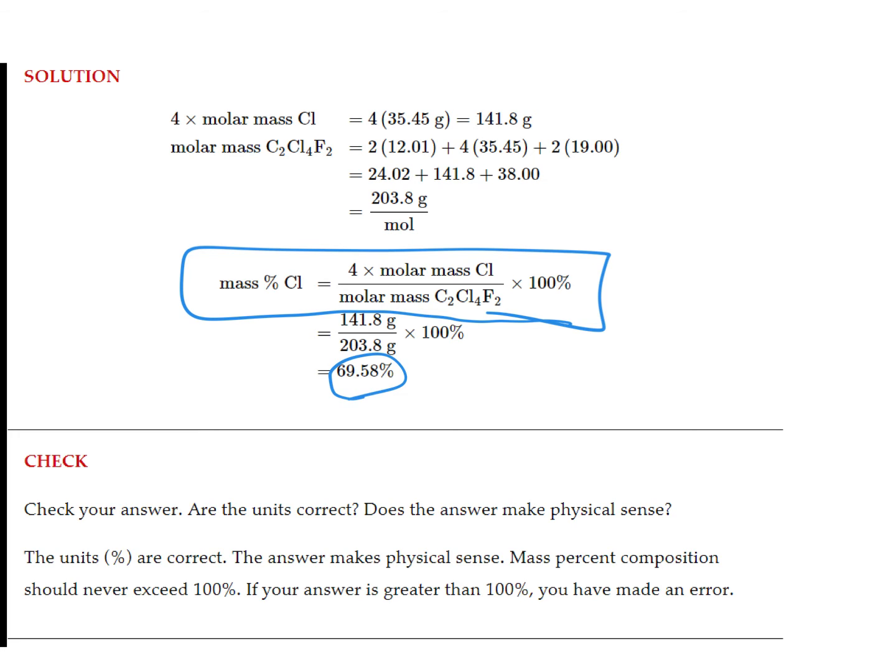If you don't multiply by 100%, you get the number as 0.6958. So if I ask you for a percentage, you should remember that it's 69.58%. So we multiply by 100% to get the percentage. Is that clear? Any questions? Okay.